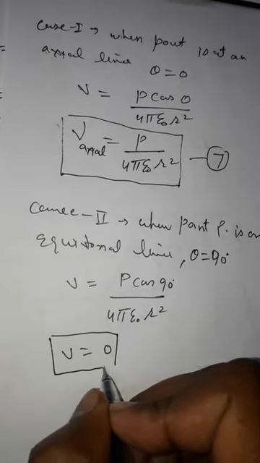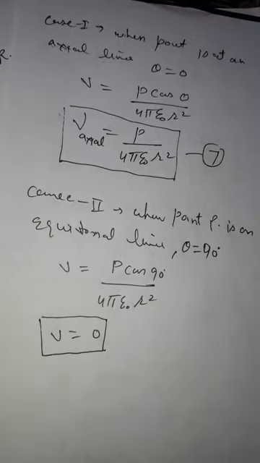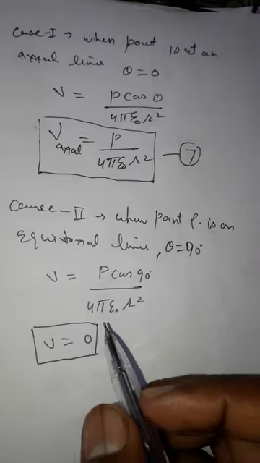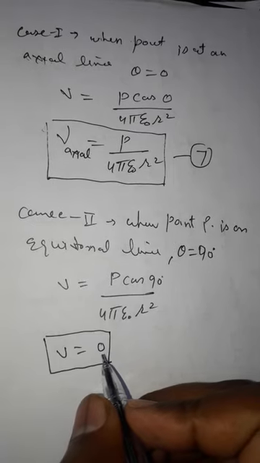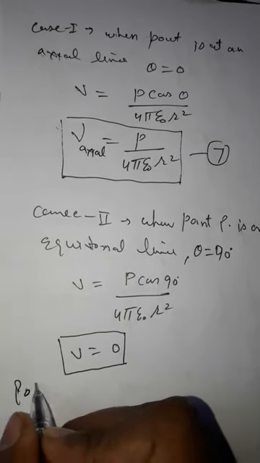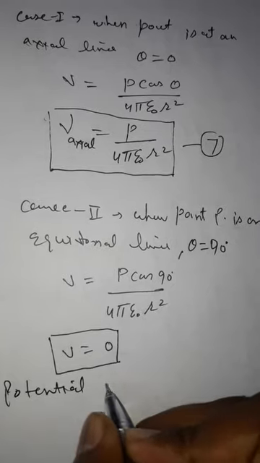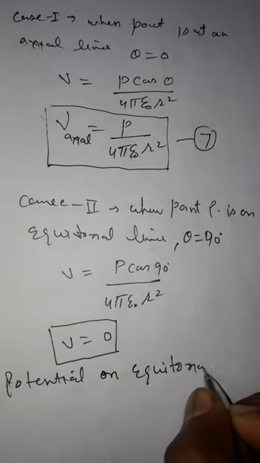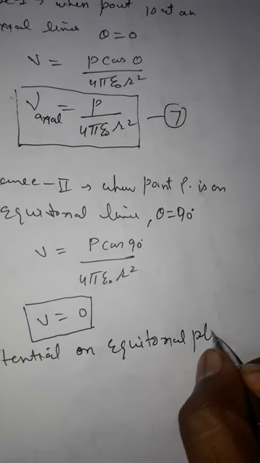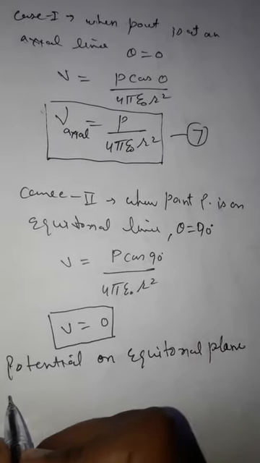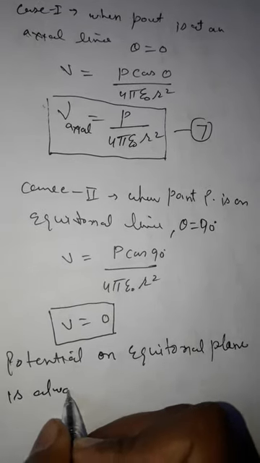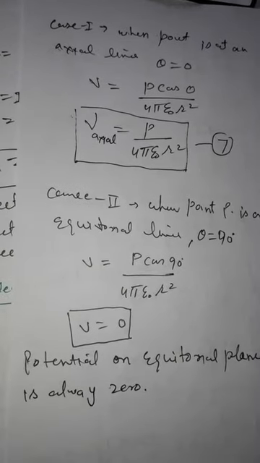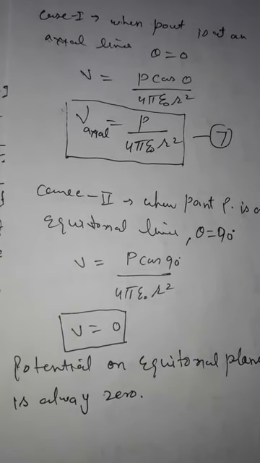So we conclude that the electric potential due to a dipole on the equatorial line or equatorial plane is always 0. So this is all about potential due to a dipole.